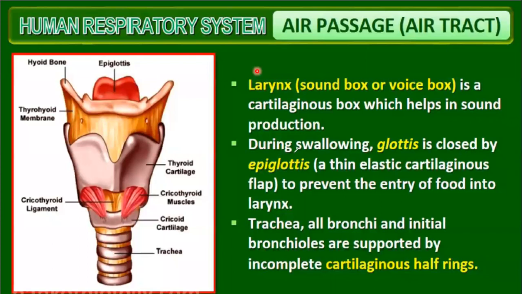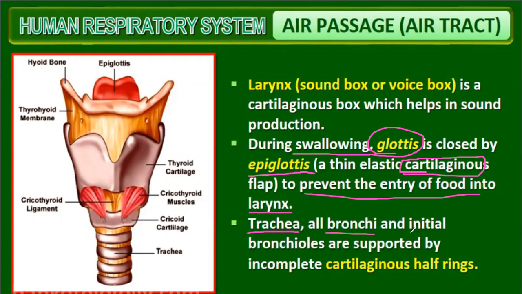So during swallowing, the glottis is closed by the epiglottis. The epiglottis is a thin cartilaginous flap that prevents the entry of food into the larynx. Then you have the trachea. The trachea, bronchi and initial bronchioles are supported by incomplete cartilaginous rings called half rings.